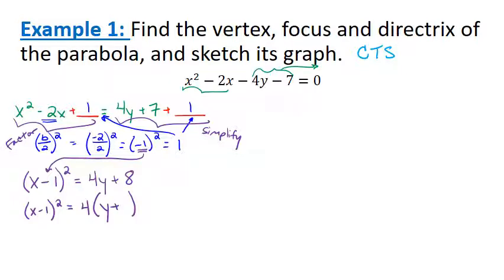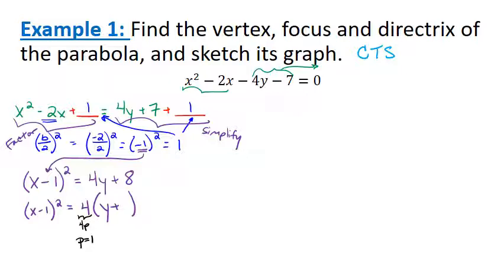And I want to remind you that this here is supposed to be 4p from our formula. Well, I have the 4. That means that p must be 1, from the standard equation of a parabola on the previous slide. So this is exactly the way I want it.